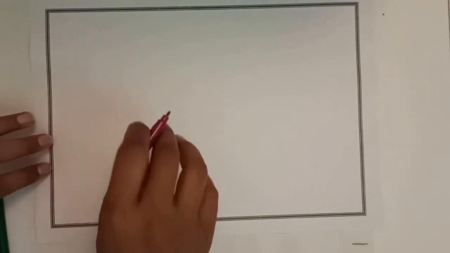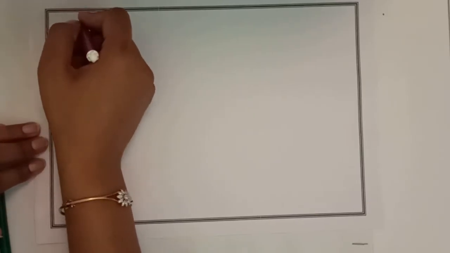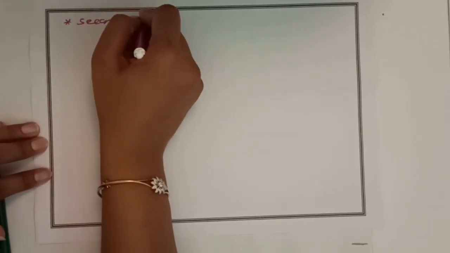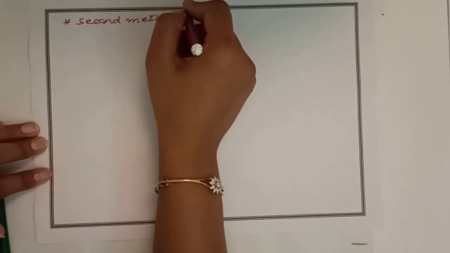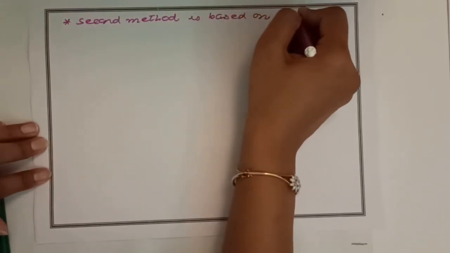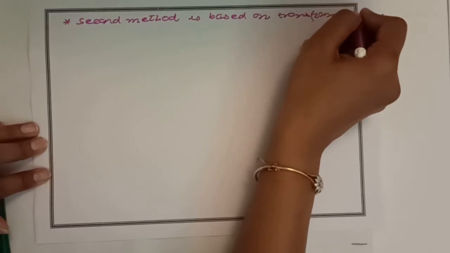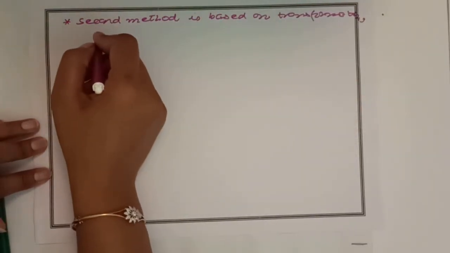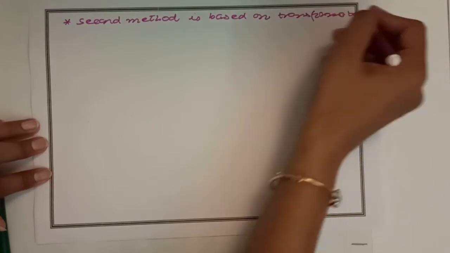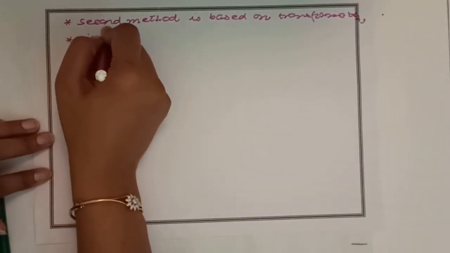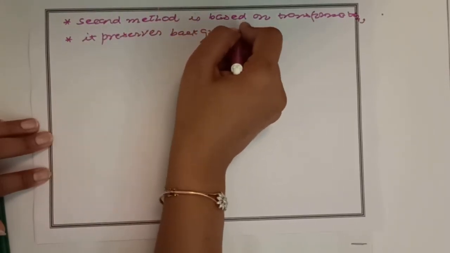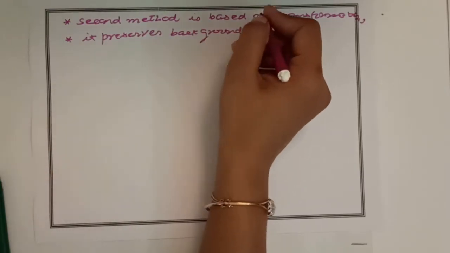The second approach is based on transformation, brightening the desired range of gray levels, and it preserves the background and gray levels of the image. It preserves the background also.